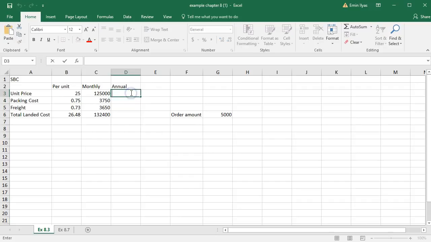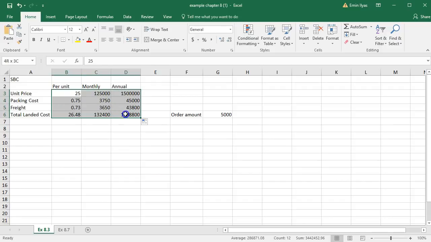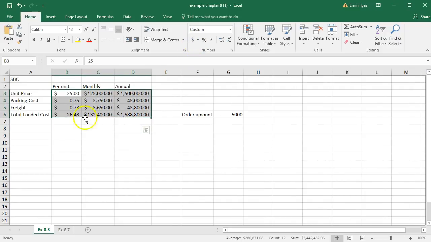Then annual will be monthly times the number of months we have in 1 year, which is 12, and drag it down. Let's change our cell format to dollar so that it will look nice. And now we have our total cost per unit for 1 month and for 1 year.